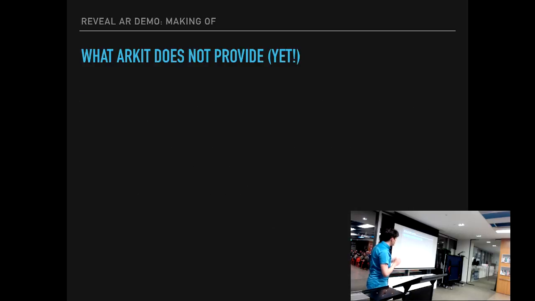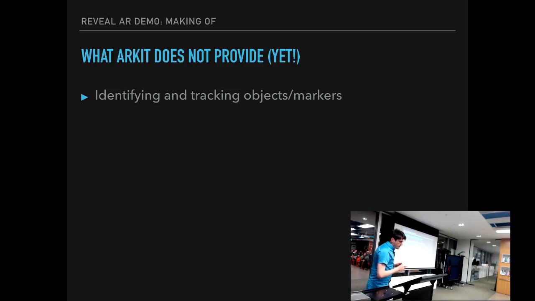But what's also important and interesting is actually what it does not provide just yet. Really importantly, it does not allow to identify or track objects like markers. Many older AR libraries actually are based on that.